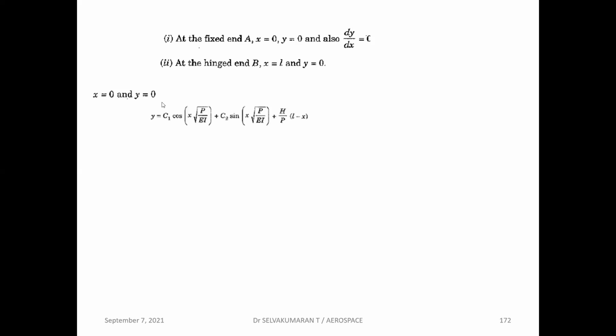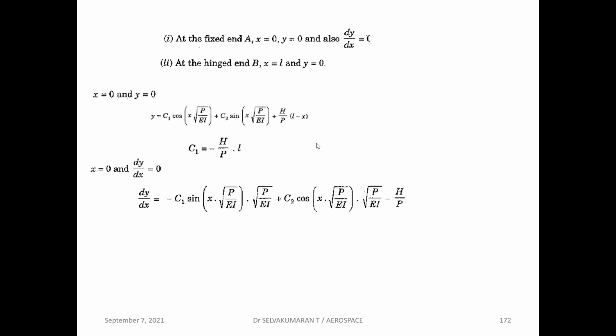So x is equal to 0, y is equal to 0. Substitute in this, you will get C1 is equal to minus H by P into L, and x is equal to 0, slope is also 0. You get C2 to be H by P into root of EI by P.